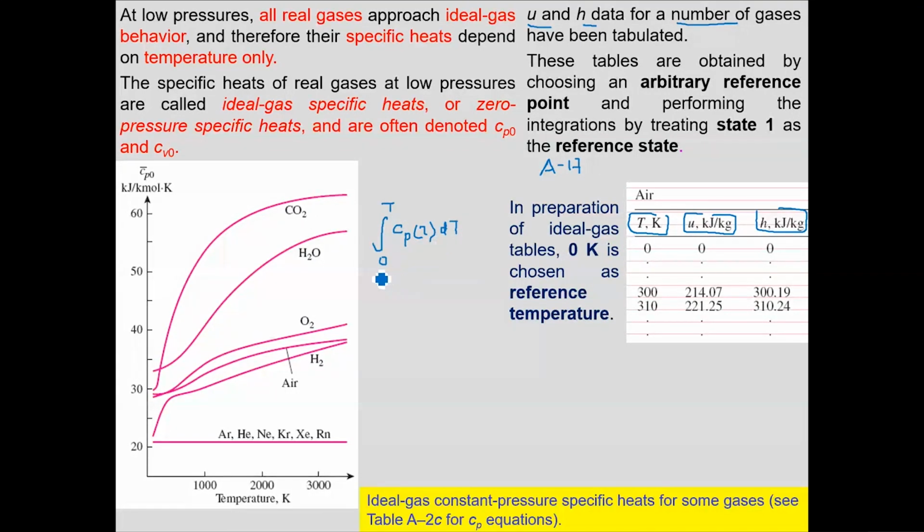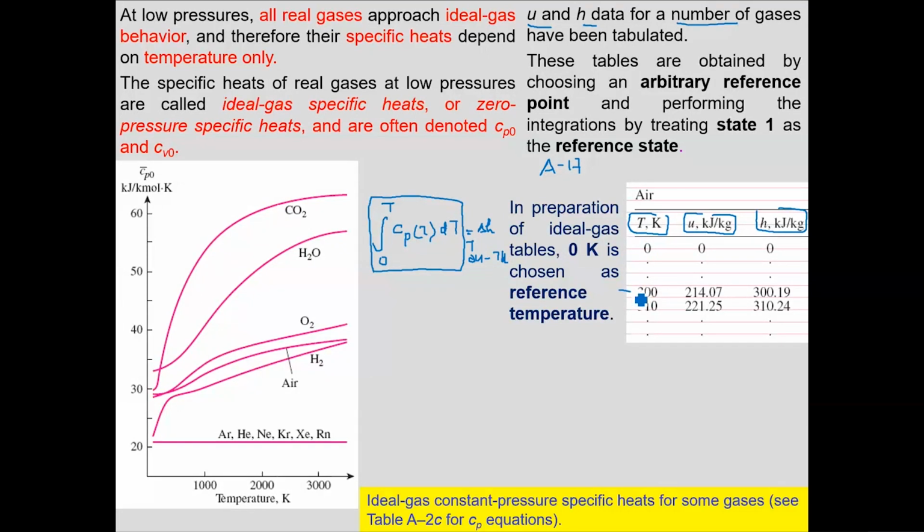This has already been done for you, so this would essentially be equal to delta H for temperature between 0 Kelvin and the temperature T Kelvin. At 0 Kelvin, the internal energy and enthalpy are assumed to be 0 as a reference value.